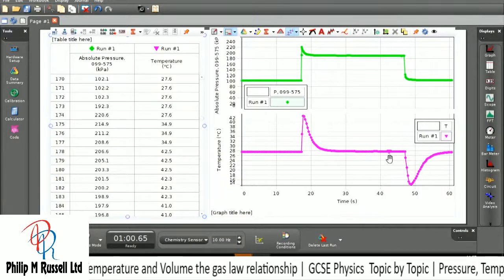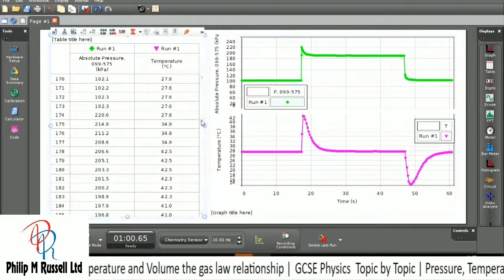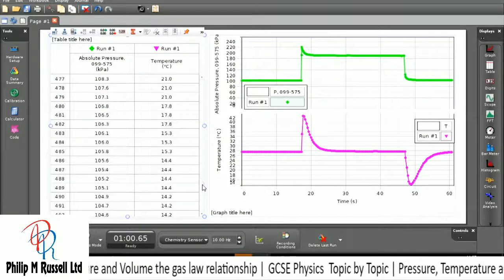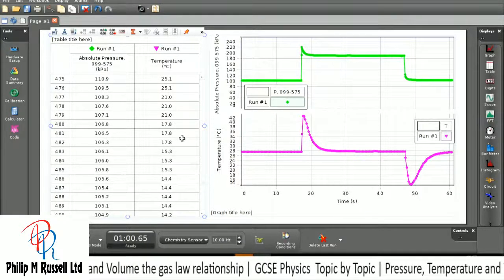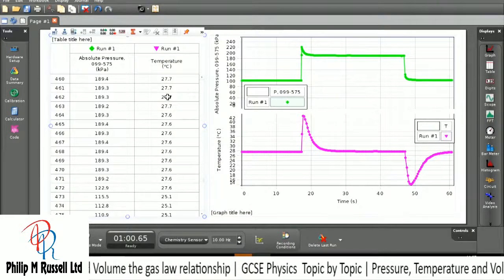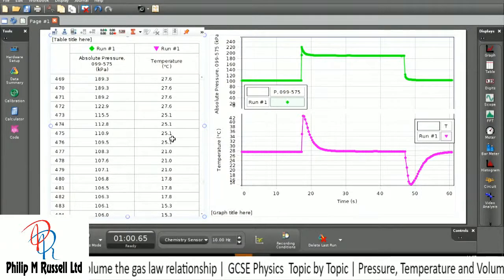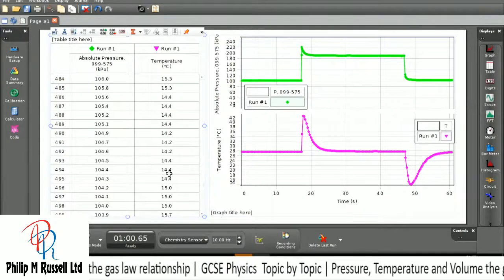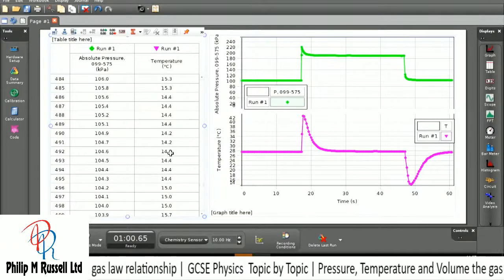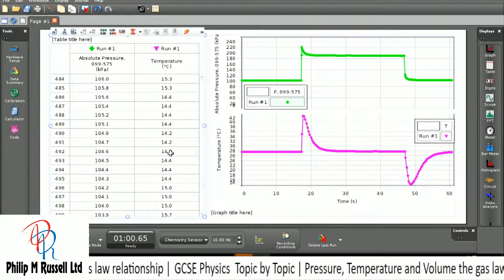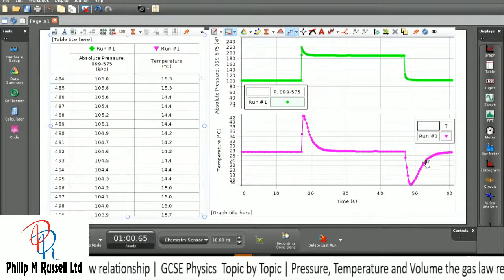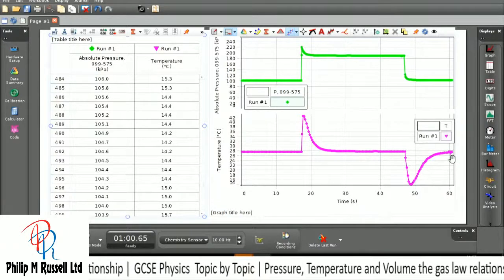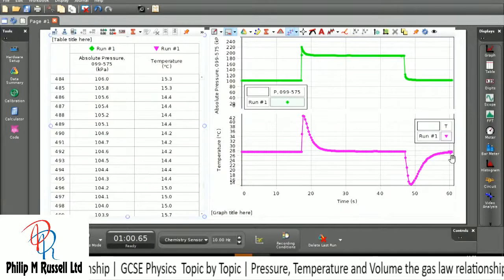And then at around about 45 seconds, temperature was quite happily at about 27. Then I released it and the temperature dropped dramatically down to about 14.2 Celsius before gradually returning back to normal. So we've got some idea about pressure and temperature.